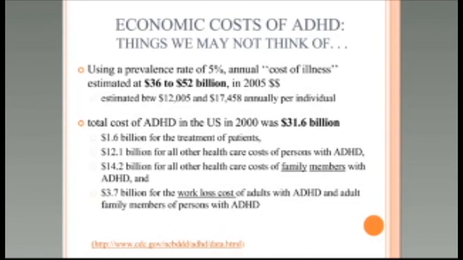Using the 2005 dollars, this is estimated between $12,000 and $17,000 annually per individual. The total cost for ADHD in the United States was close to $32 billion, including treatment of patients, other healthcare costs of individuals with ADHD, healthcare costs of family members that may be stressed by ADHD, and work loss costs of adults with ADHD and adult family members who have to leave work to pick up their misbehaving child.